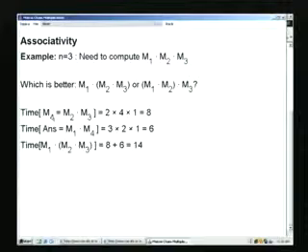Now, given M4, our final answer can be computed just by multiplying M1 with it. M1 is a 3 by 2 matrix, and M4 we calculated was a 2 by 1 matrix. So, this will require 3 times 2 times 1, or 6, scalar multiplications, and the other will require 8 scalar multiplications. Then the total number of multiplications required will be 14.